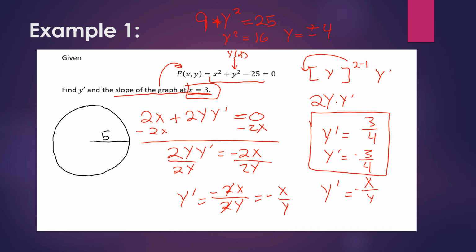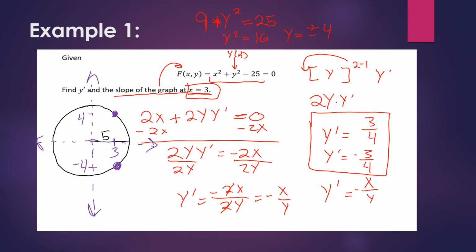So this is what we're looking at here. We've got a circle and the radius is 5. So if I were to draw a coordinate plane here, and I'm going to say that x equals 3, then I have a y value up here, and I have a y value down here. What is that y value? Well, we already solved it. It's negative 4 or positive 4, depending on if we're going with the one in the first quadrant or the one in the fourth quadrant.